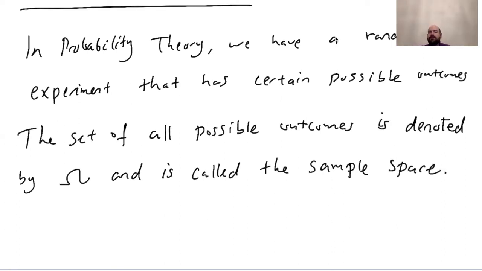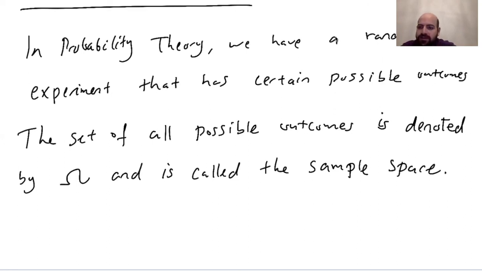So the sample space is the set of all possible outcomes in a random experiment. Okay, so we have the sample space omega, and then in probability theory we need to deal with events.